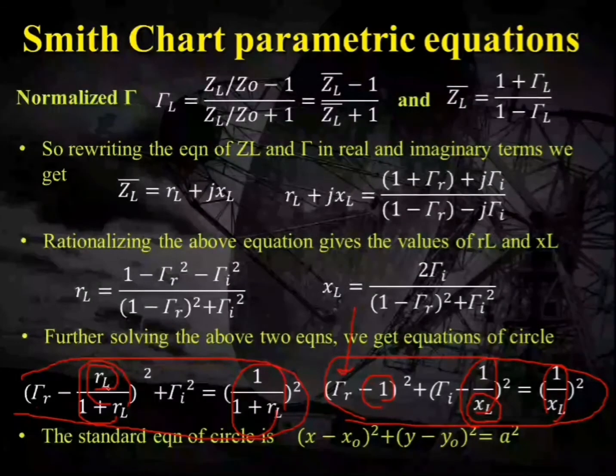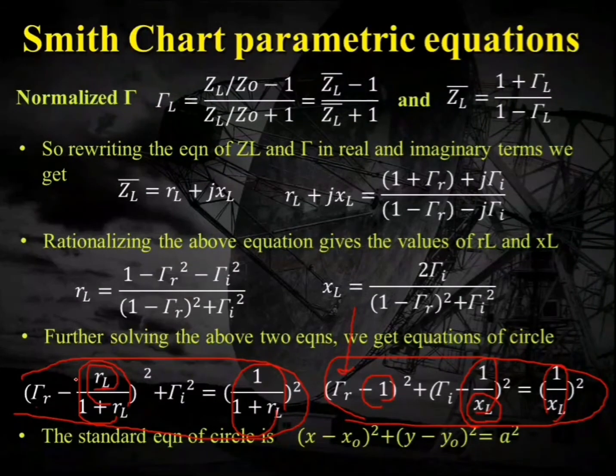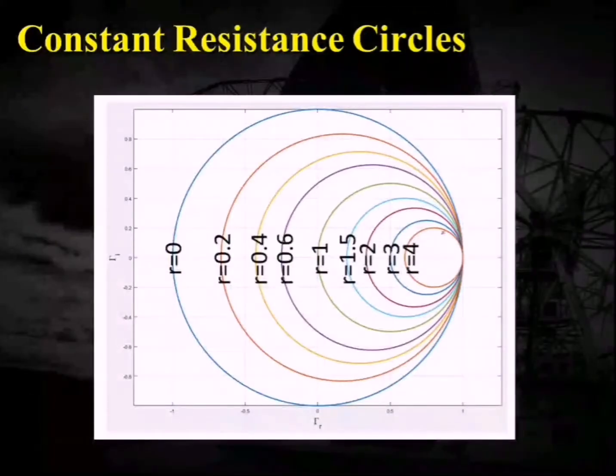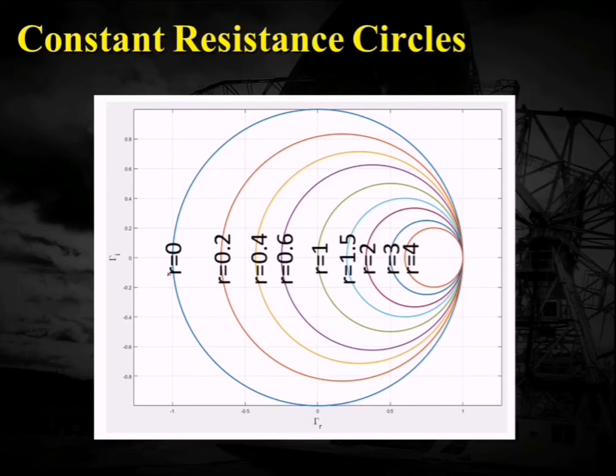These constant resistance circles will have their center at x naught and y naught, where x naught is this one and y naught is 0, and the radius is 1 by (1 plus RL). So we will obtain these kinds of circles. You can see that I have plotted them for different values of R. The maximum value of R can go on the right hand side up to infinity at this point, and the minimum value is R equal to 0.